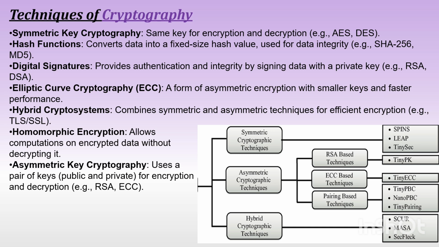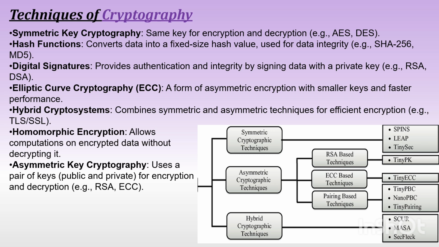Now this is a diagram that describes different techniques. Symmetric, asymmetric and hybrid. Asymmetric is divided into three further classifications, that is RSA based, ECC based and pairing based. TinyPK is an example of RSA based. TinyECC is an example of ECC based techniques.